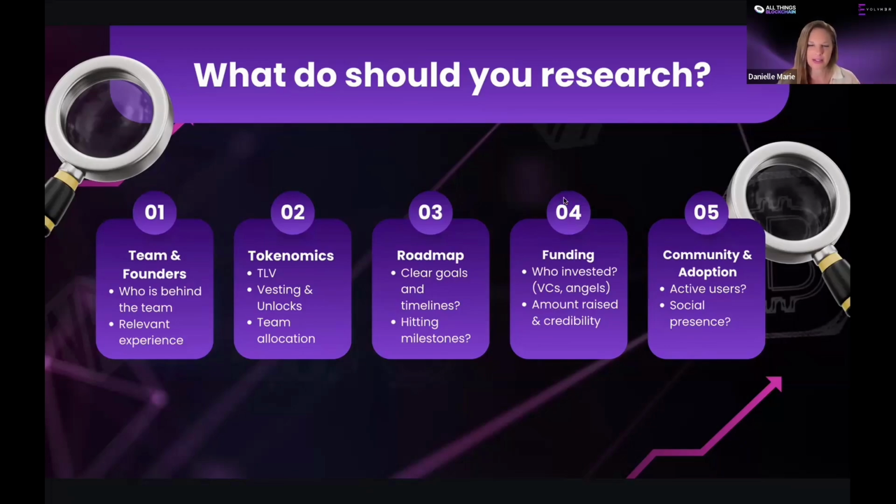Every time you are trying to do your own research on a project, whether you should be working for them or investing in them or maybe partnering with them, this is when this type of research goes hand in hand.